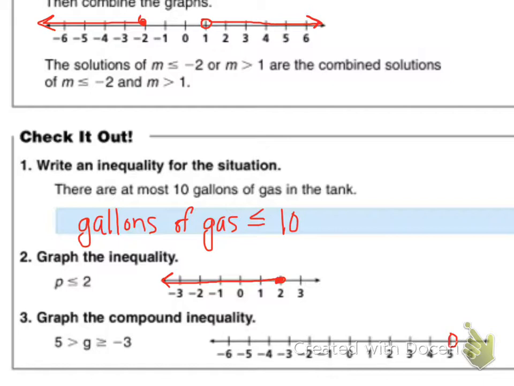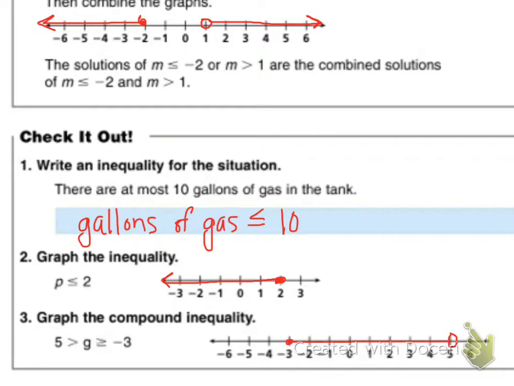Okay, and on the next line, you're going to graph the inequality p is less than or equal to 2. And because it's less than or equal, you're going to use a closed circle at the number 2, and your arrow is going to point anything less than 2. And the last one, we're going to graph a compound inequality.